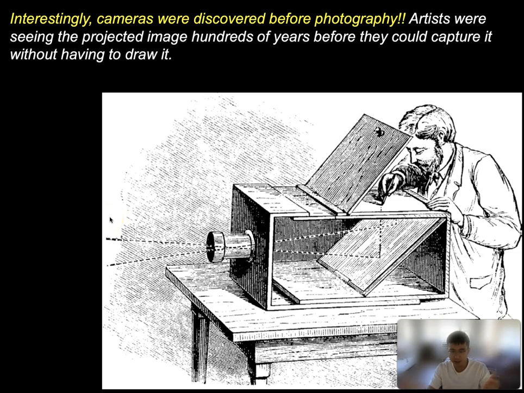It's a dark box that was invented in the 15th century, and a lot of famous artists like the Dutch artist Vermeer have used it, anecdotally, to capture exactly what the landscapes look like. To try to capture reality.